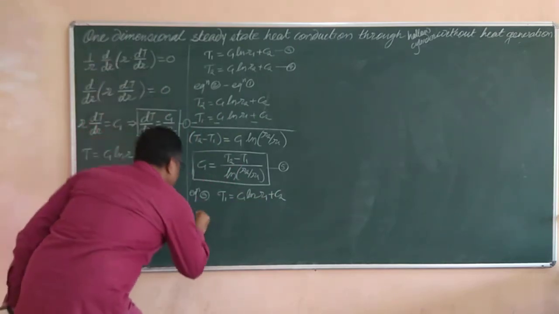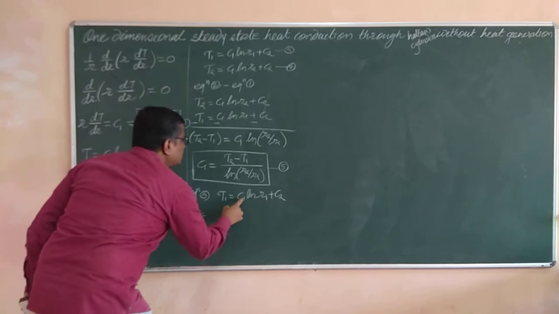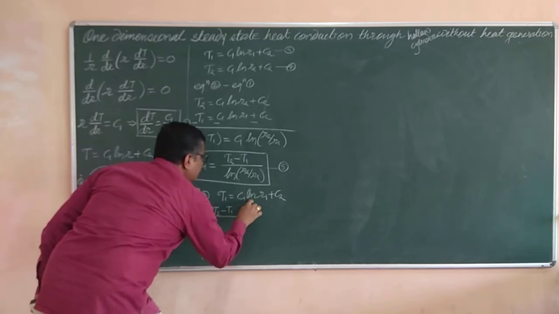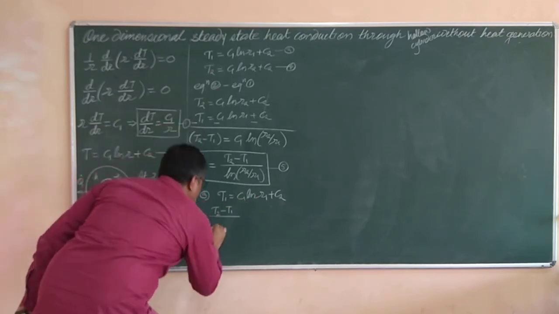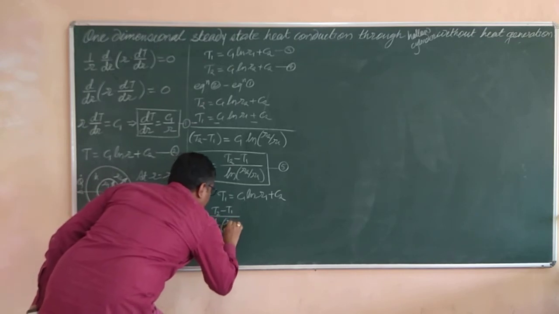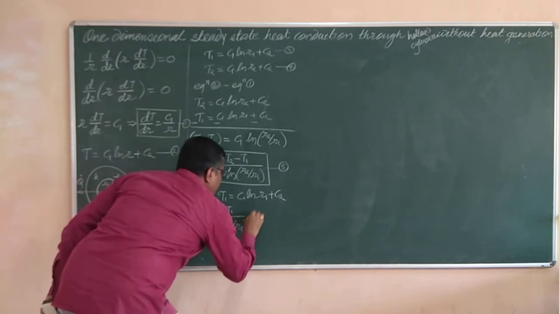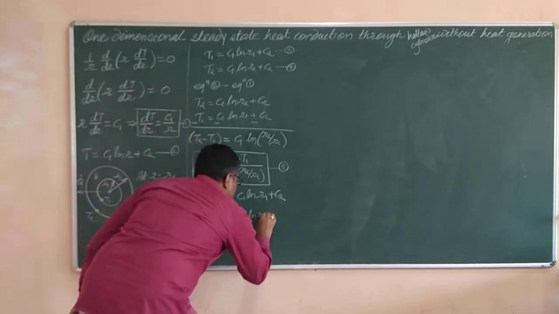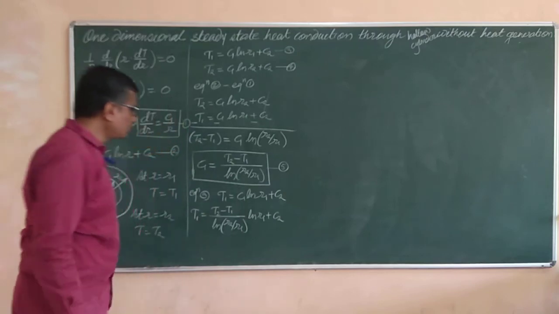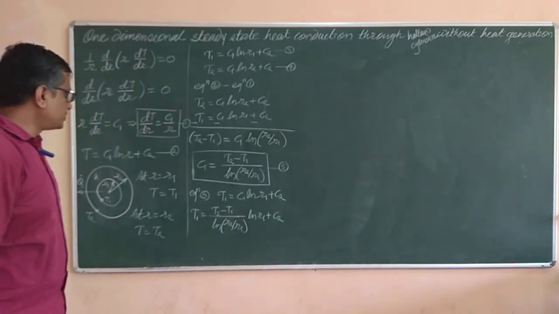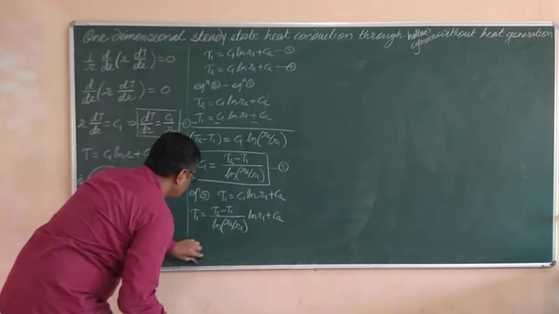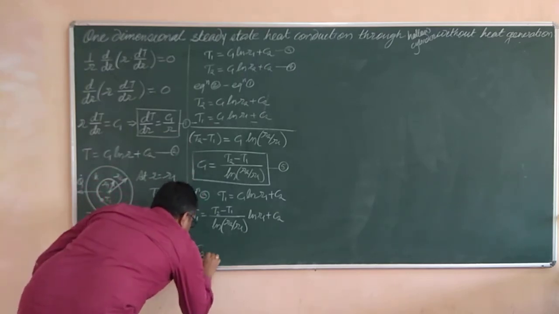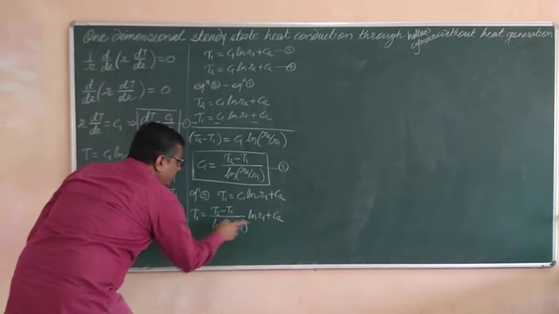So T1 equals T2 minus T1 divided by the natural log of r2 by r1, which is the value of C1, into natural log of r1 plus C2. So you can get the value of C2 as C2 equals T1 minus this entire term.